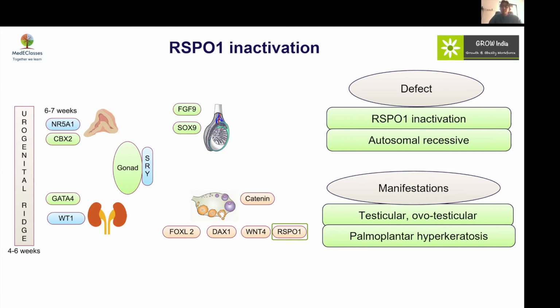But sometimes, many times, it happens that this R-spondin1 or WNT4 gene defect might get discovered in later life, whenever there is an infertility issue or delayed puberty in the female, because if androgens are not there during intrauterine life, then the baby might be born as a normal female, but ultimately they will be infertile or have delayed puberty as well.